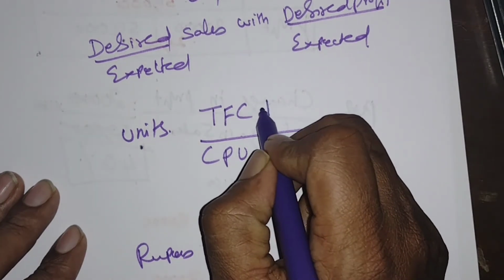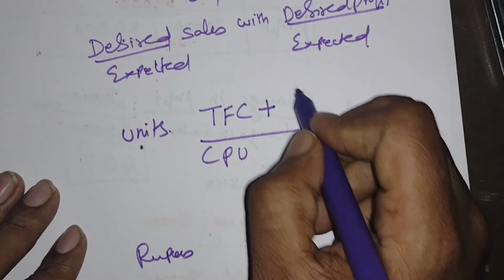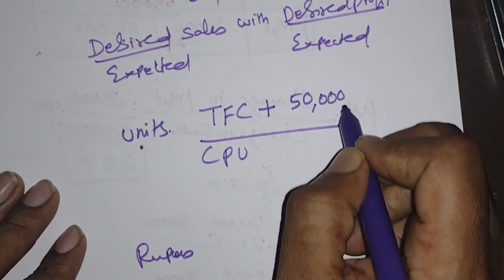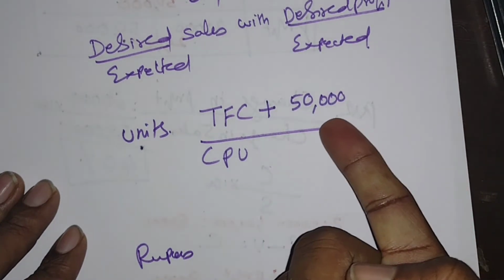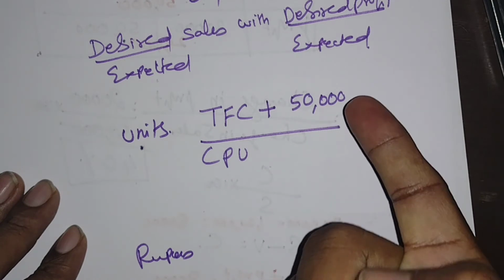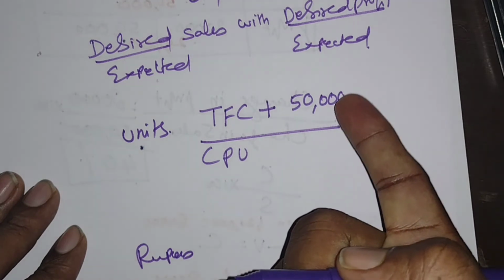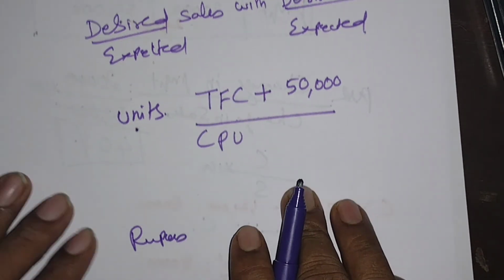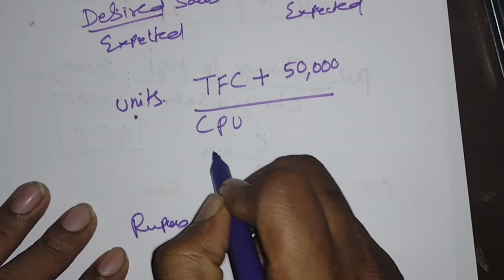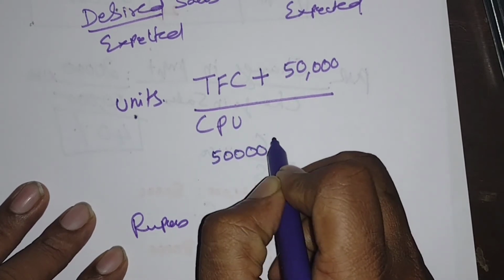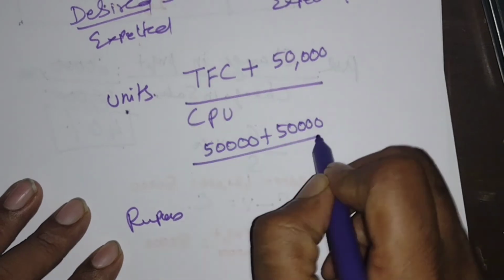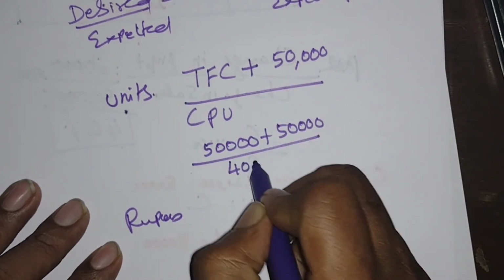With this, what is my desired profit? For example, I want a profit of 50,000 rupees. Earlier it was 30,000, now I expect 50,000. How many units do I have to sell? Very simple. My fixed cost is 50,000, my expected profit is 50,000, and my contribution per unit is 400 rupees.